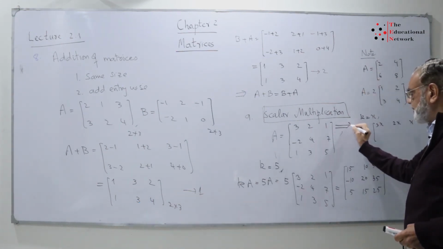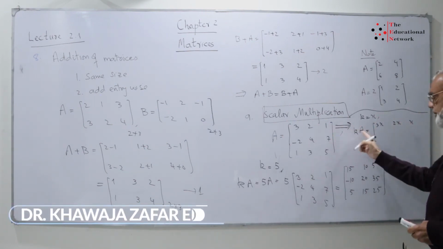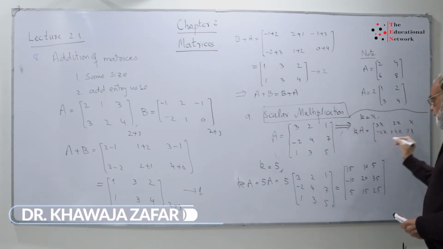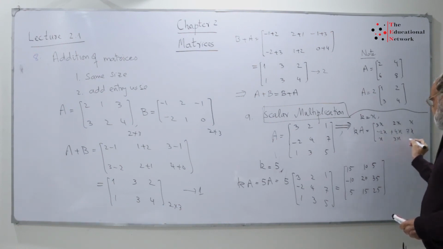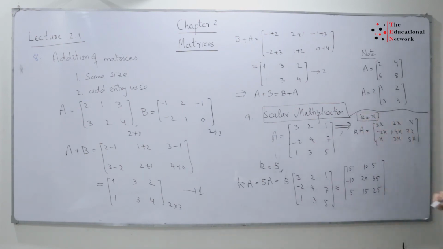Applying this to the matrix, we multiply by x and get minus 2x, 4x, 7x, x, 3x, 5x. So we multiply each entry by x. When I take k equal to x, each entry is multiplied by x. Or I can take x common from each of the entries. So this is the idea in scalar multiplication.